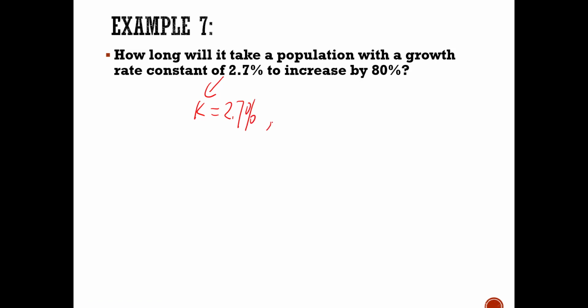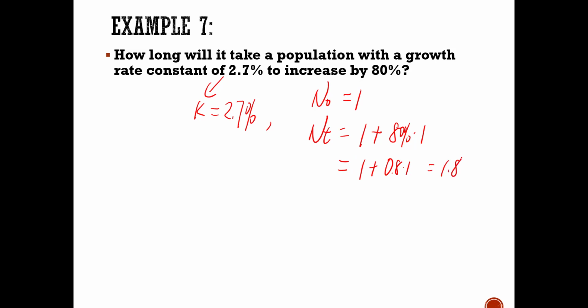So assuming N0 is equal to 1 unit. Now increase by 80%, meaning Nt is equal to 1 unit plus an additional 80% of 1. Increase by 80% based on the original base. Original base is 1 unit. So we end up with 1 plus 0.8 times 1, so it's 1.8 units.